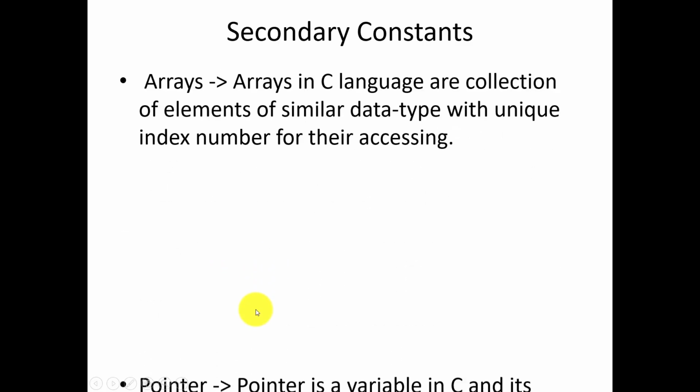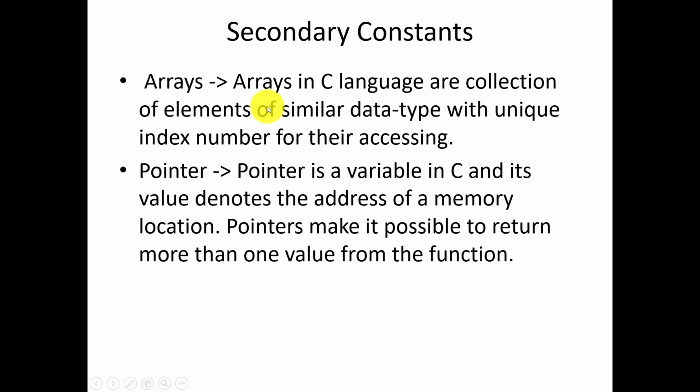Now under the secondary constants, the examples are array and pointer. What is an array and what is a pointer, we're going to discuss in the next videos. But here, an array is a collection of elements of similar data types, uniquely indexed with a number for accessing. A pointer is a variable in C whose value denotes the address of memory.